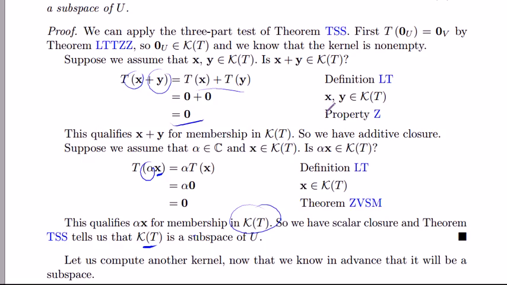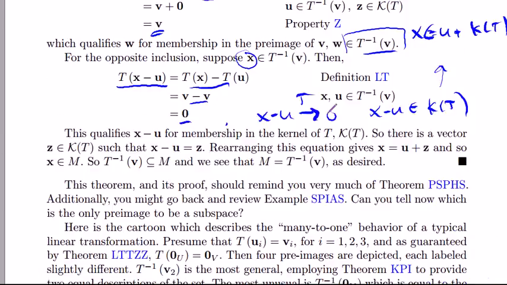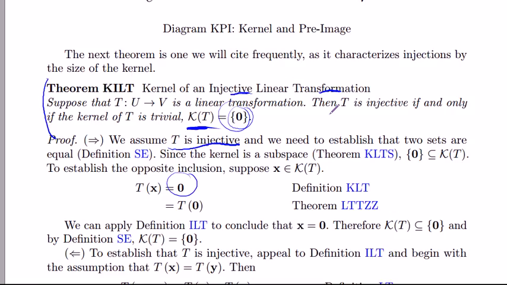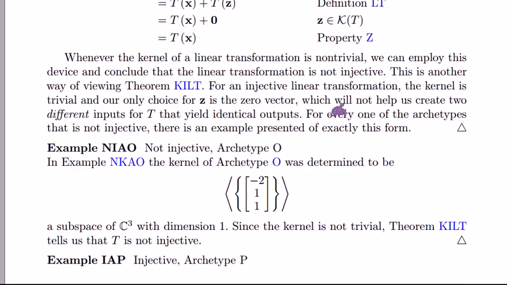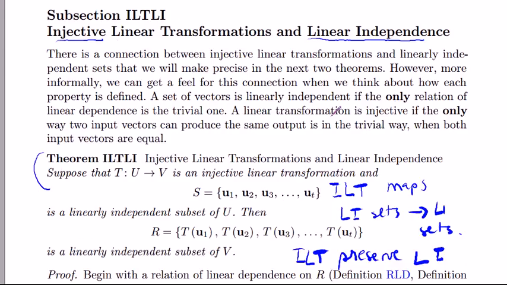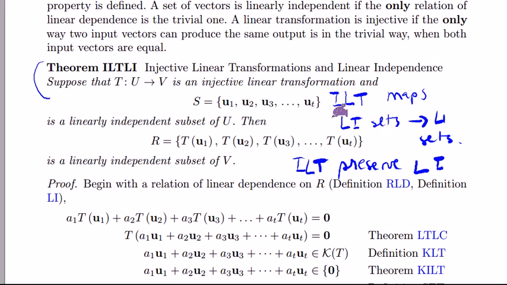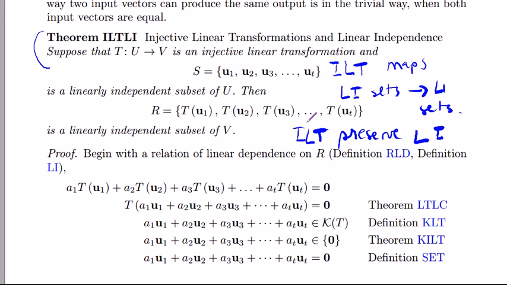So let's see how that works. Go back to this. We've covered a lot since then, haven't we? Okay, so what that means is that linearly independent sets map to linearly independent sets. The best way to prove this is to prove the contrapositive.